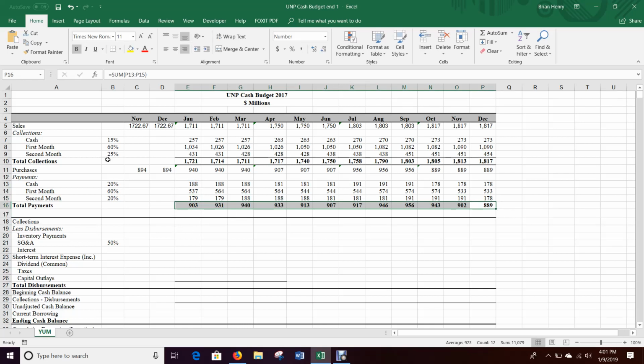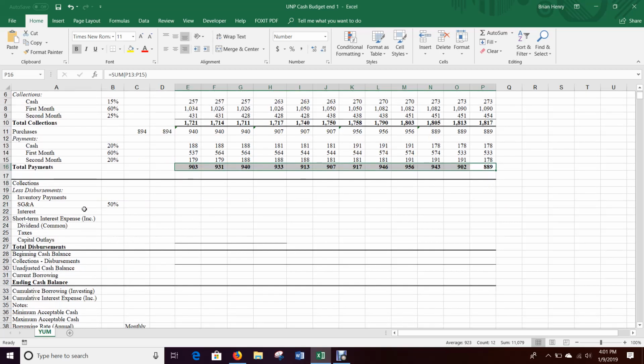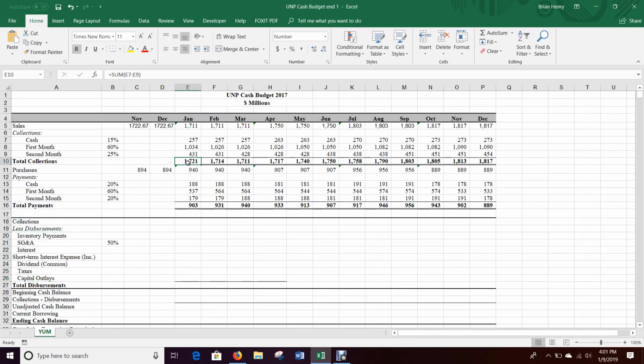Now, this is based on how your book has things structured. Then they have collections, less disbursements, and the disbursements all get lined up this way. When they say collections, all they mean is here, like we already did total collections. So I don't know that this is really necessary. We can calculate from up here to down here pretty easily.